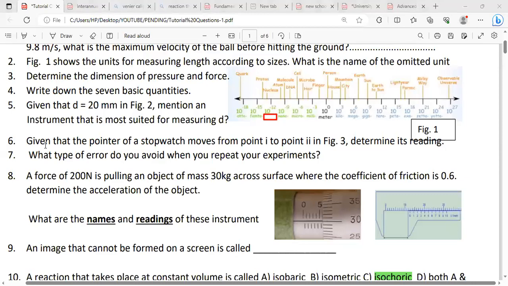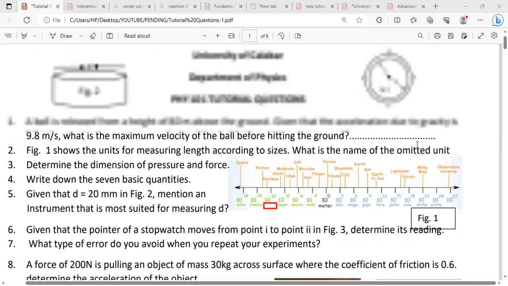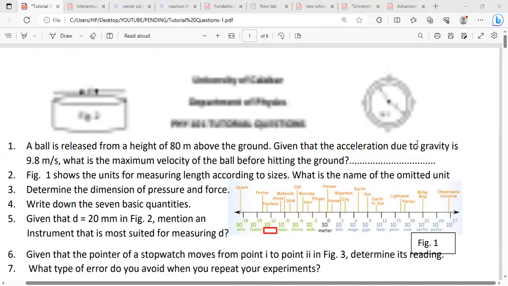This other question says, given that the pointer of a stopwatch moves from point I to point II in figure 3, determine its reading. So we have figure 3 up here.